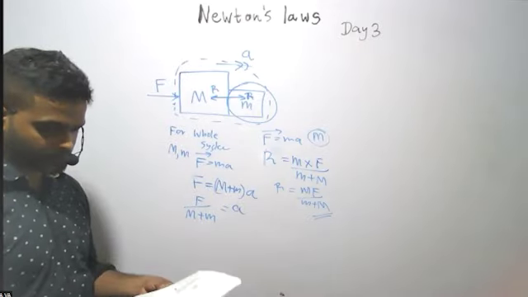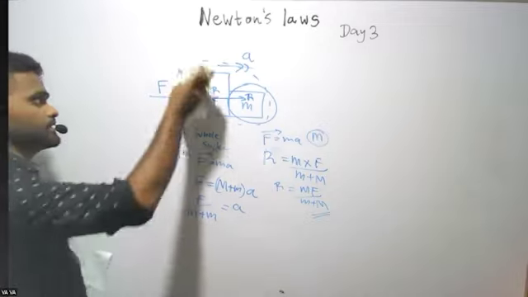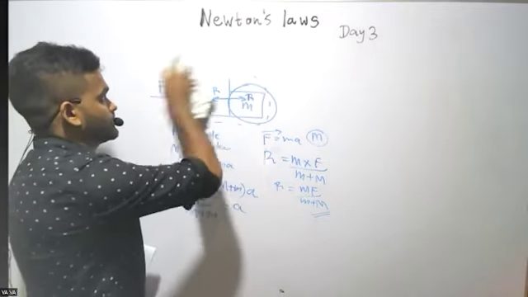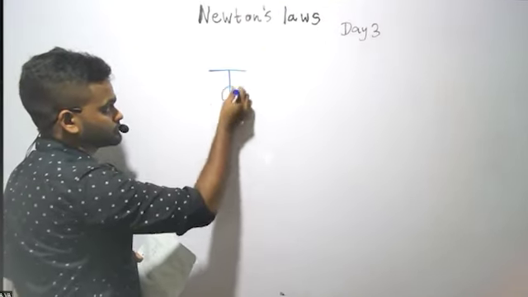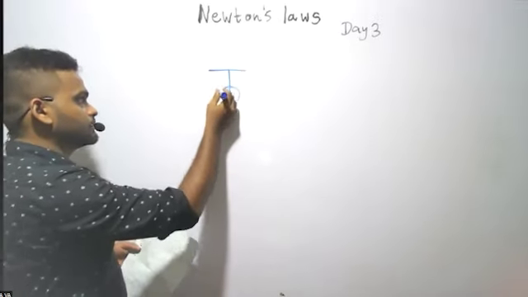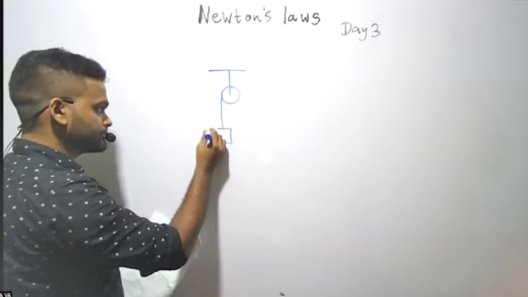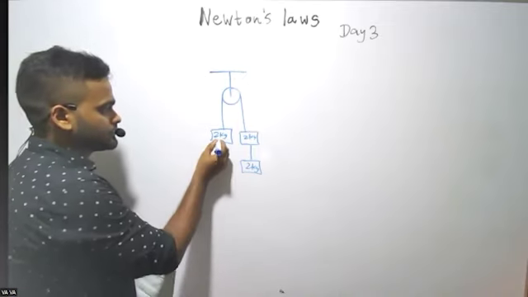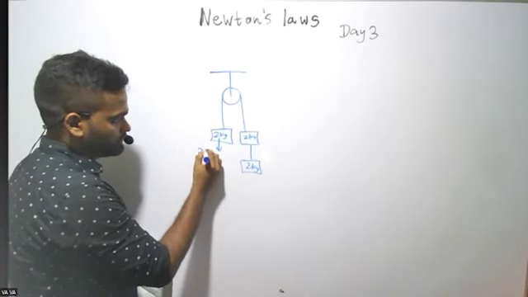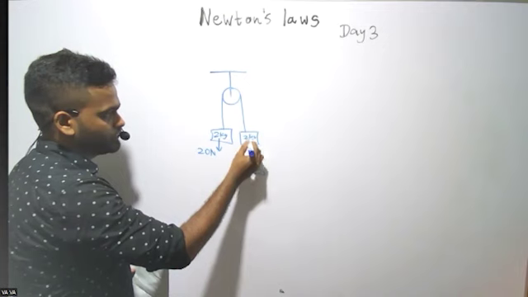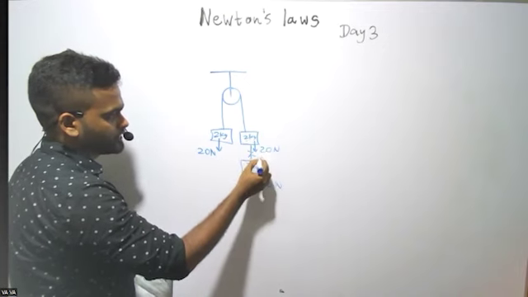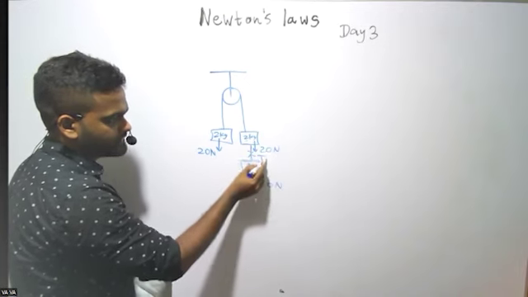For the 20th question, first draw the sketch. So we have this pulley system. Mark the weights first, all the weights. Let's say between B and C, the tension is T1.